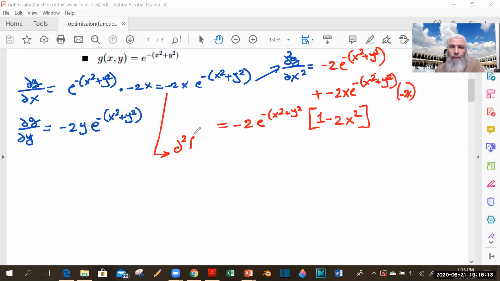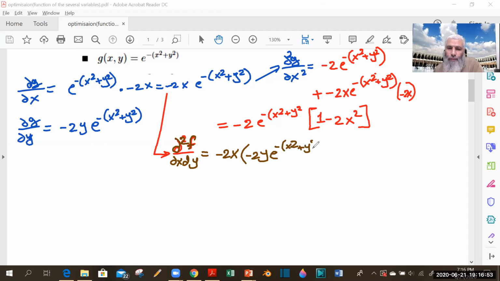Now we need to find d2g dx dy from here. With respect to y, the derivative of the first is 0, multiply the second, so this will be 0, plus the derivative of the second multiply the first, which is negative 2x multiply negative 2y e power negative x squared plus y squared.